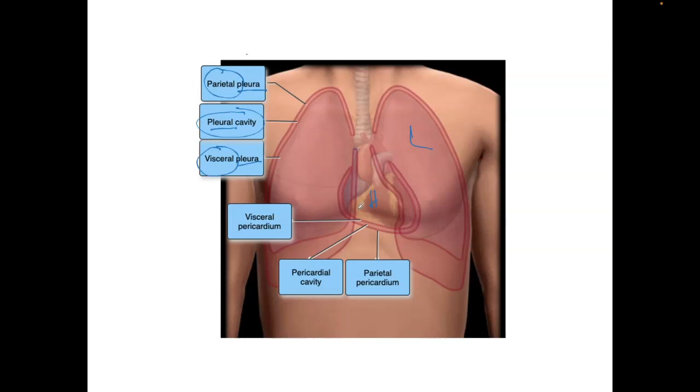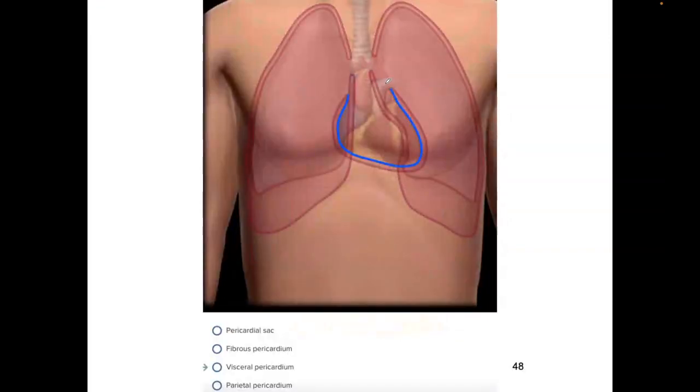Same concept applies to the heart. There's a visceral pericardium, a parietal pericardium, and in the middle, the pericardial cavity. Same concept. Now we're just looking at isolating one. So here's the heart. We're looking at the inner lining of it. So that's the visceral pericardium. If it pointed to this one, then that would be the parietal pericardium.